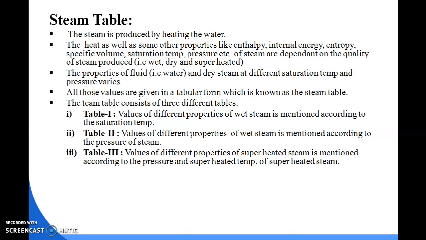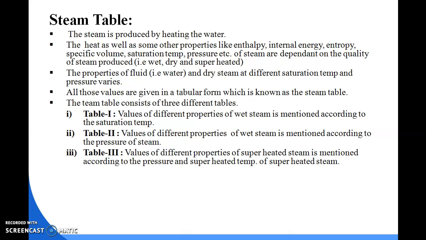The steam table consists of three different tables. One is table 1, in which the values of different properties of wet steam are mentioned according to the saturation temperature. In table 2, values of different properties of wet steam are mentioned according to the pressure of steam. In table 3, values of different properties of superheated steam are mentioned according to the pressure and superheated temperature of the superheated steam.